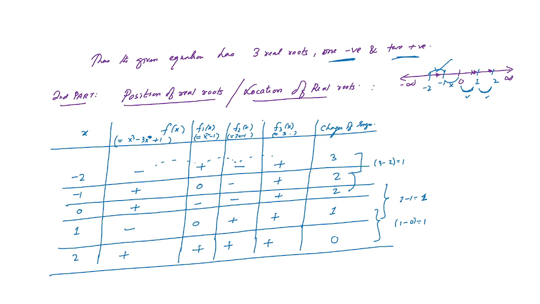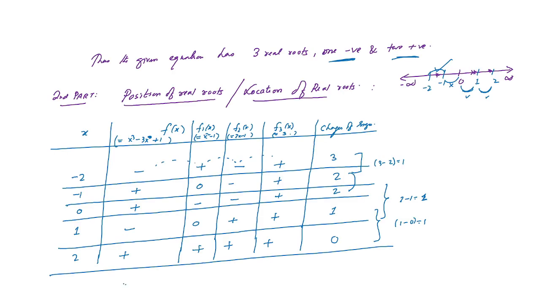So what do we get? We get 2 positive roots and 2 negative roots and their locations. Now we will write where the roots lie. Therefore, what do we conclude? We conclude one root lies between minus 2 and minus 1.